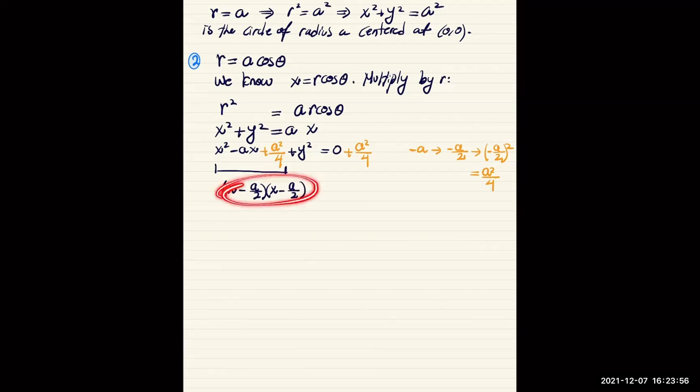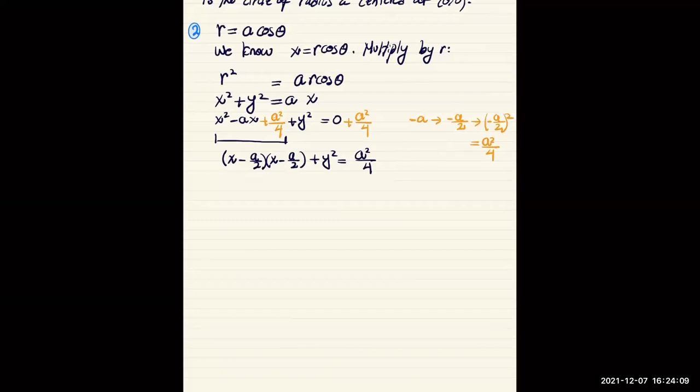If you FOIL this out, you get this back exactly. Plus y squared equal to a squared over 4. So if I rewrite that as a perfect square, it is x minus a over 2 squared plus y squared equal a squared over 4.